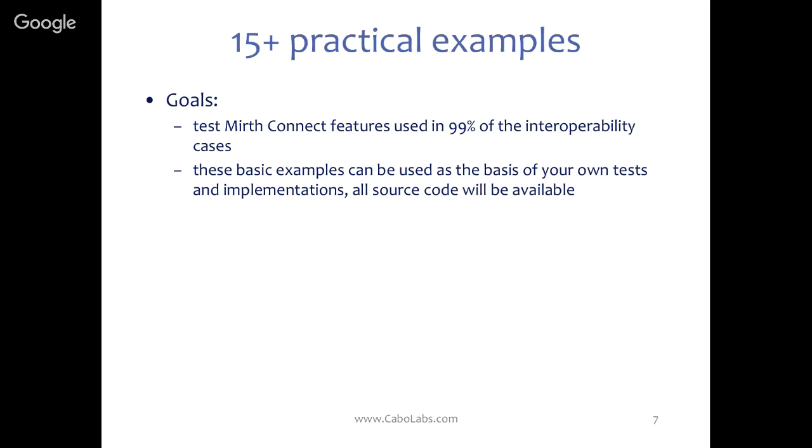And in combination, the different examples will give you a full idea of what you can do with Mirth. And after you understand that, you can start combining those simple examples and creating your own specific scenarios for your context, your project, your system. So that is the main goal of this.